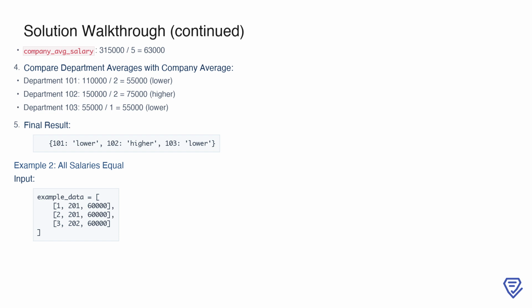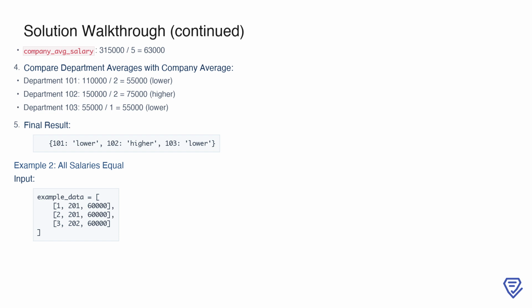Next, we calculate the average salary for each department. For Department 101, the total salary of 110,000 is divided by 2 employees, resulting in an average of 55,000, which is lower than the company average. Department 102's average salary is 150,000 divided by 2, resulting in 75,000, which is higher than the company average.